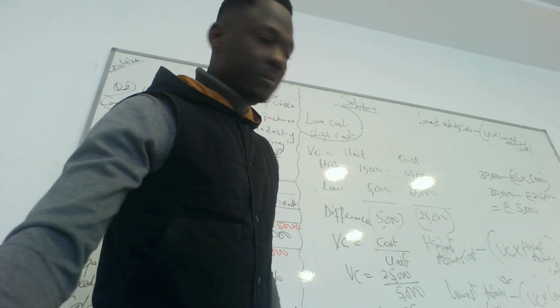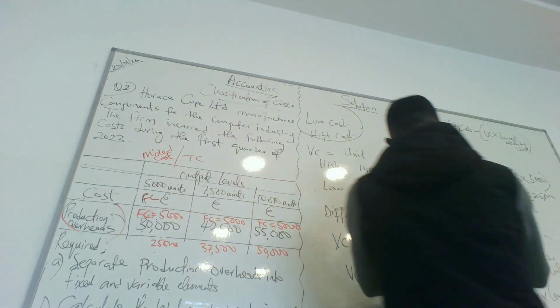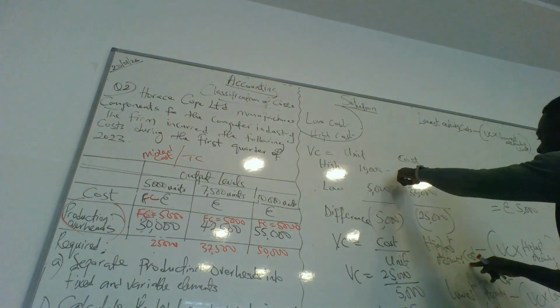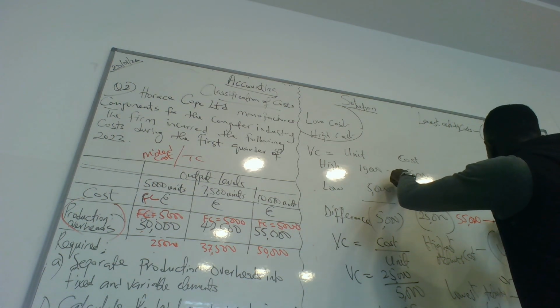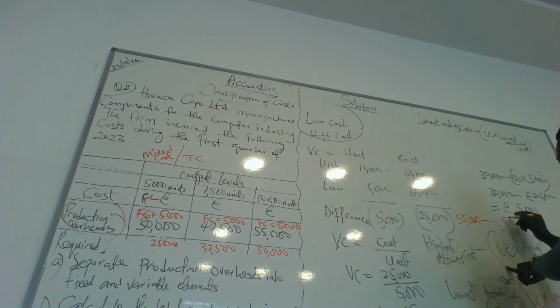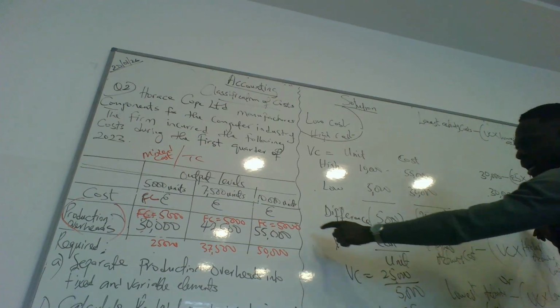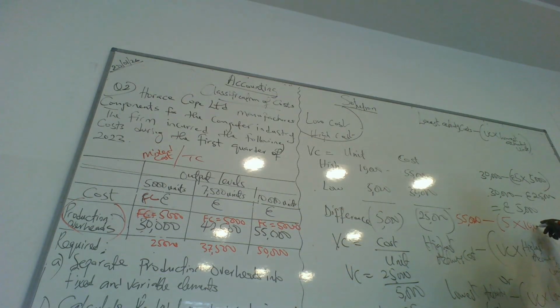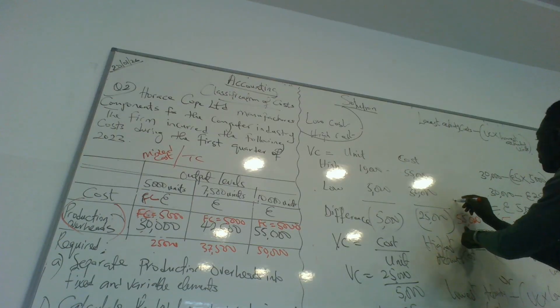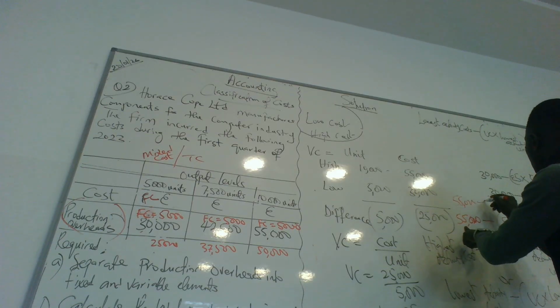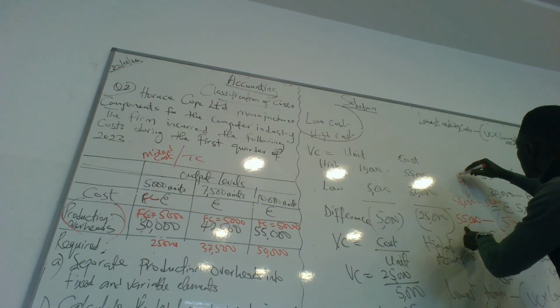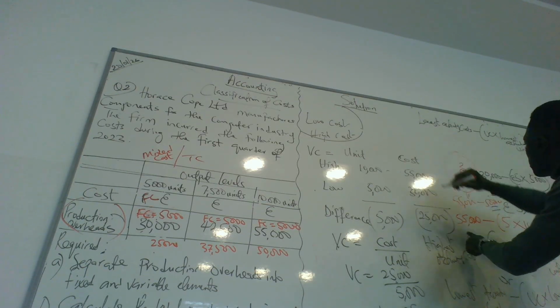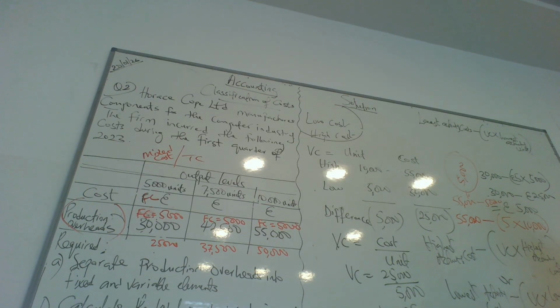So from here, our highest activity cost is how much? 55,000. 55,000 minus VC, which is 5, multiplied by highest activity output, 10,000. So this is 55,000 minus 50,000. That is 5,000. So our fixed cost at highest activity is 5,000.